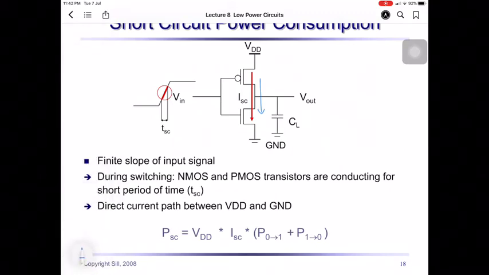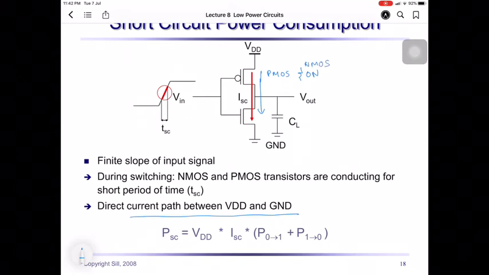Okay, so this I short circuit actually occurs during switching when the transition goes from 0 to 1. There is one small instant where there is a path from VDD to ground. Okay, so this is known as the direct current path. So this is when both PMOS and NMOS are on.